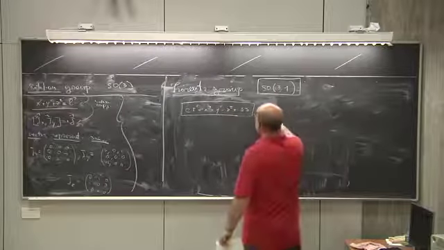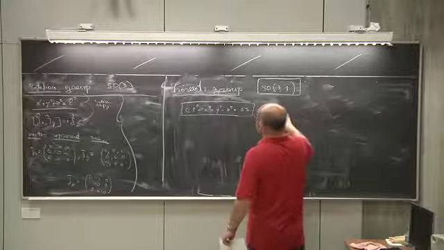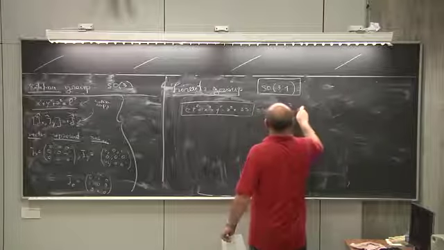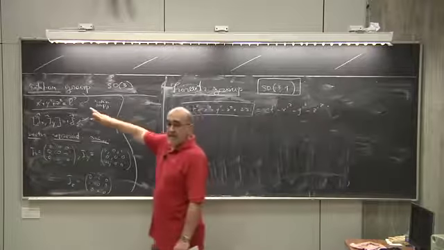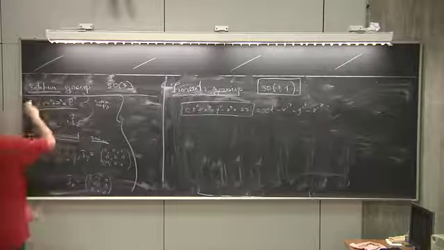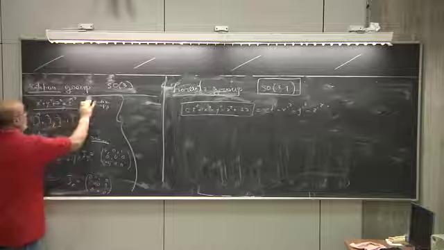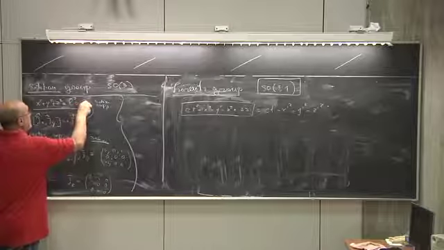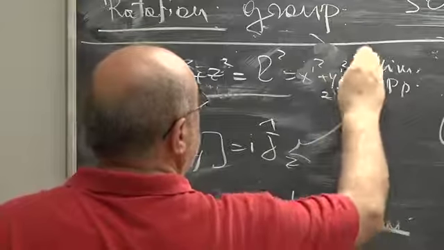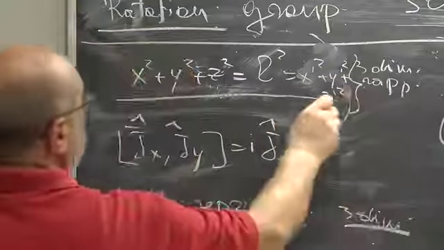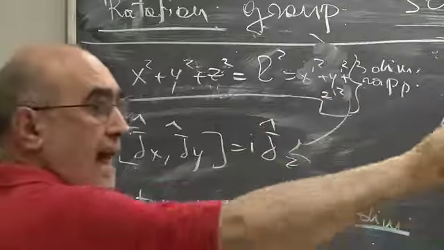It means you do a transformation and this quantity does not change. You see, it's the analog of this: rotation keeps invariant this quantity, the same as x prime squared plus y prime squared plus z prime squared. Rotation keeps the length invariant.